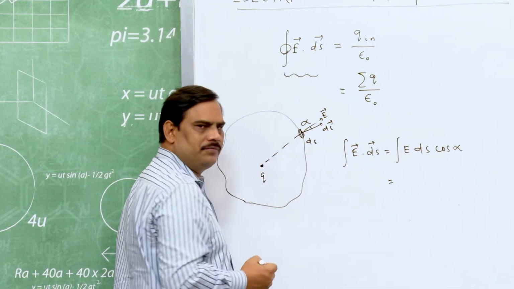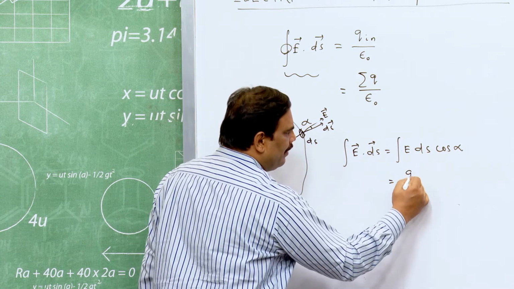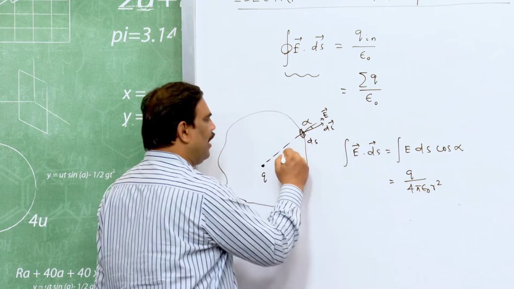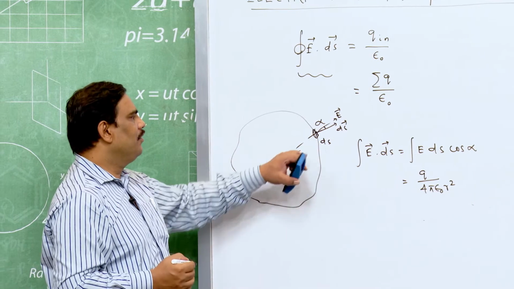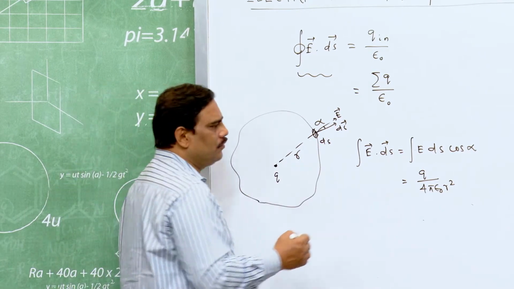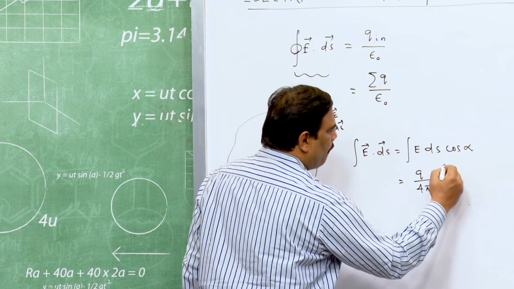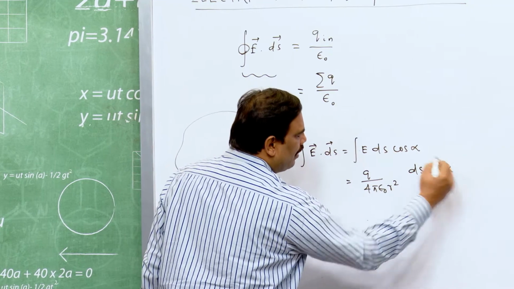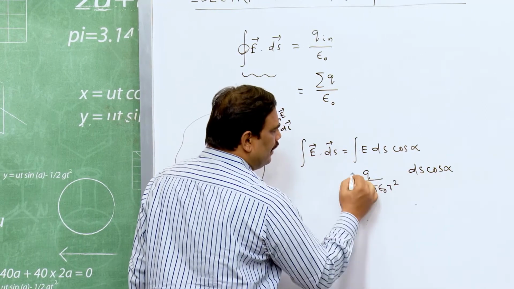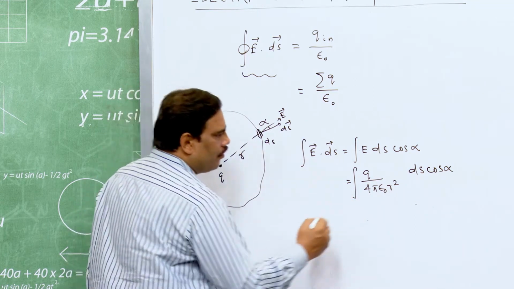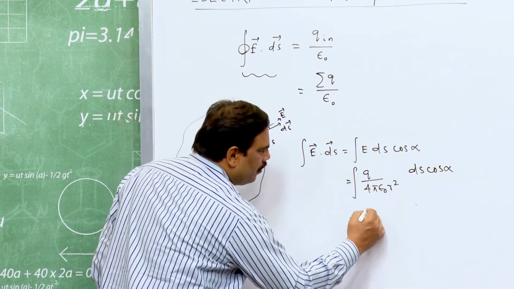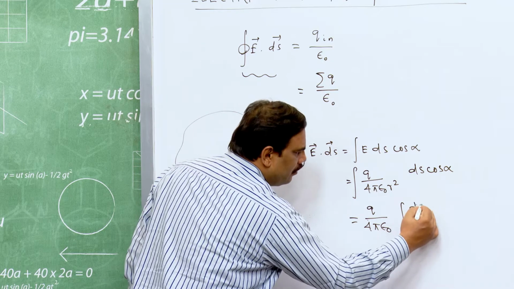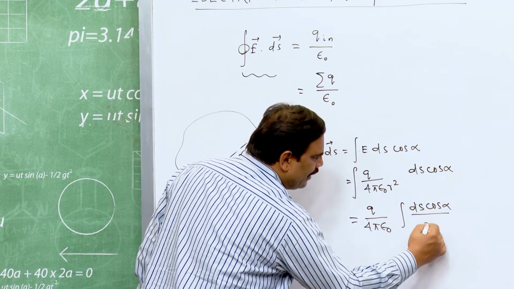So, this will give you q divided by 4 pi epsilon 0 r square, if r is the distance of ds from the charge q, into ds cos alpha integration. So, this will give you q divided by 4 pi epsilon 0 integration ds cos alpha divided by r square.